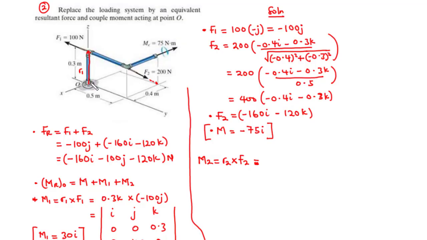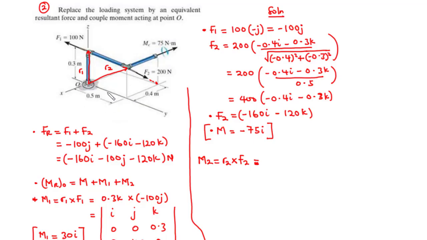So we are going to move some distance along the y-axis and some distance along the z-axis. So along the y-axis we have a positive value of 0.5, and then along the z-axis we also have a positive value of 0.3.